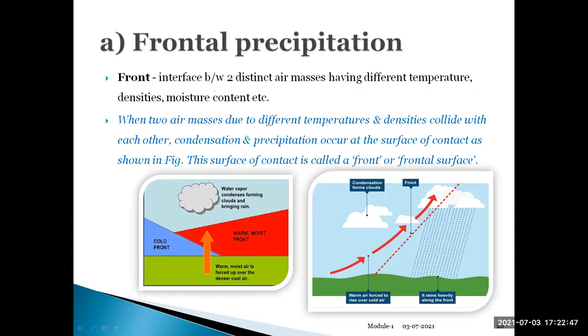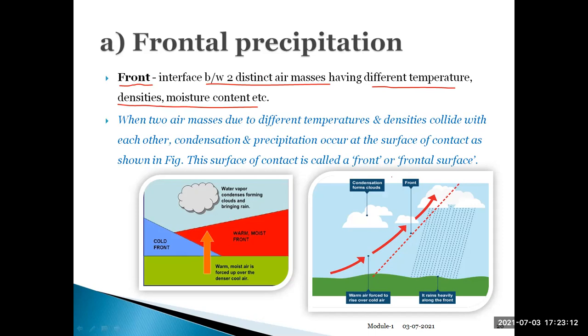So what is frontal precipitation? First of all, what is a front? A front is an interface between two distinct air masses. We have two types of air masses, cold air masses and warm air masses. So the front represents the interface between cold and warm air masses, which have different temperatures, different densities, different moisture content.